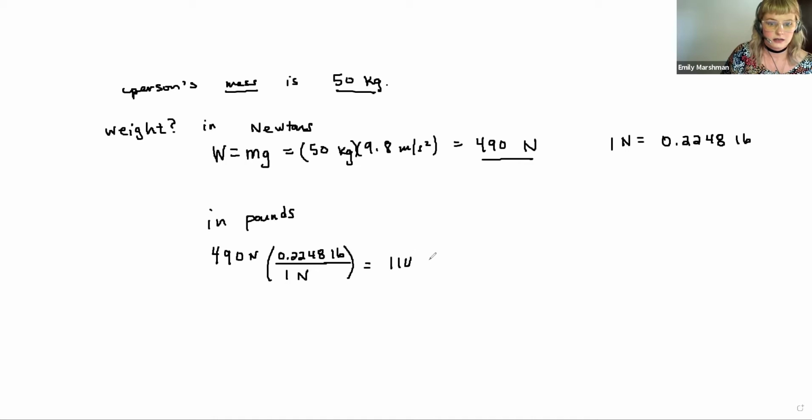That gives about 110 pounds. So that is a more reasonable measure of weight for us. We're used to dealing with pounds.